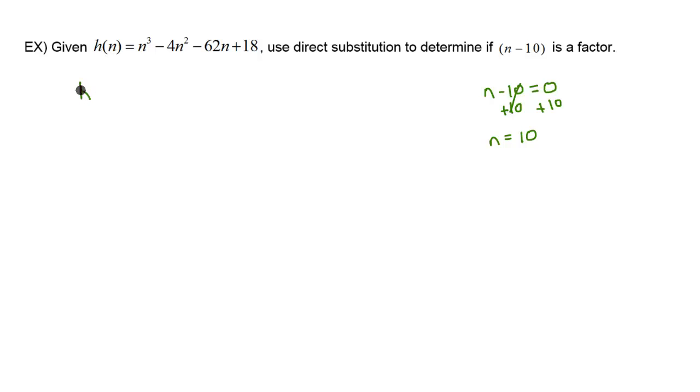So we're going to do h of 10, and then we plug in that 10 for each one of our n variables here in our polynomial. So we're going to do 10 cubed minus 4 times 10 squared, and then subtract 62 times 10, and then add 18 at the end.